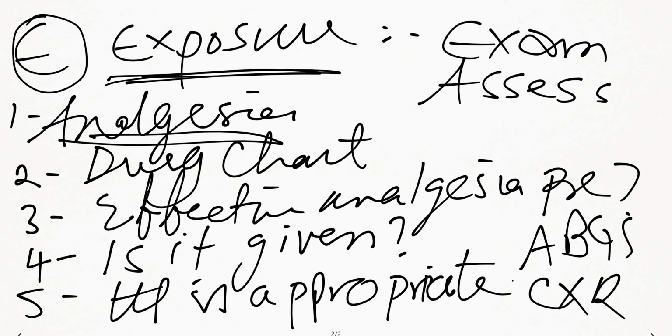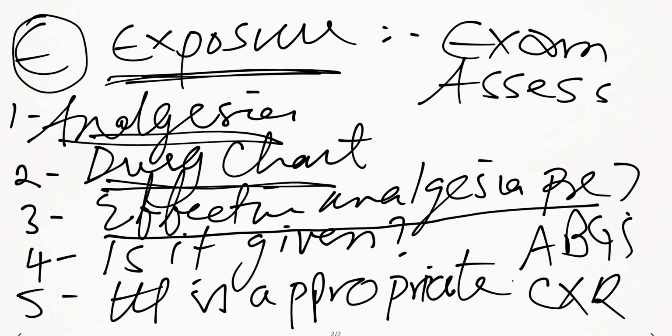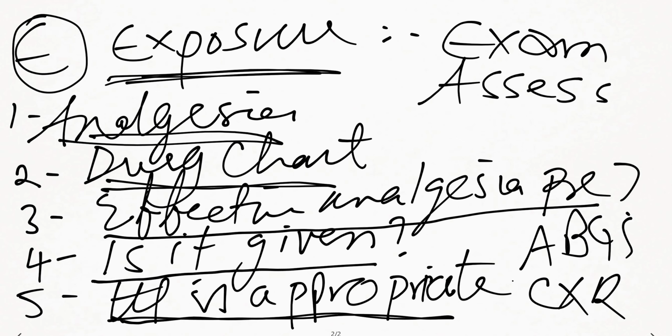Number 2, you want to look at the drug chart. Number 3, you want to ask yourself, is effective analgesia prescribed? Number 4, you want to ask yourself, is it given? And you want to ask your staff also. And finally, is the treatment appropriate? Is this analgesic given and the management of the patient appropriate for him or not?